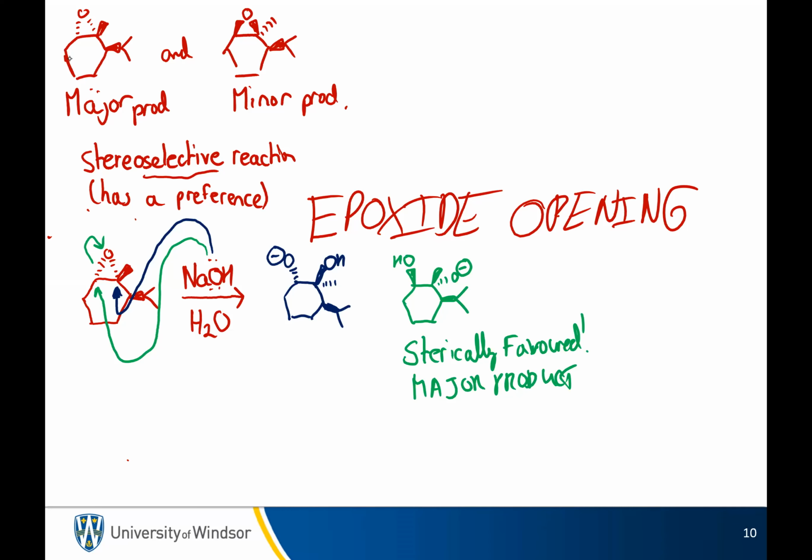Yeah, dash bonds are going back into the plane always. Wedges are coming out of the plane. Okay, now you just said it confusing. You said dashed bonds is out of the page and wedged is out of the plane.